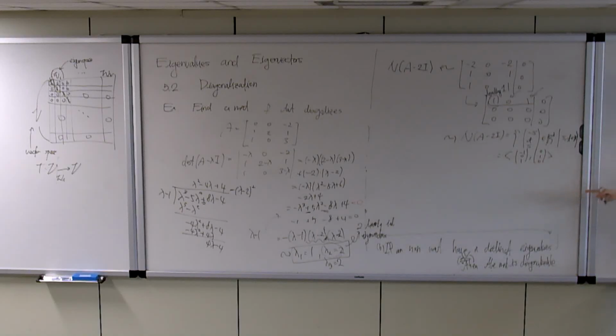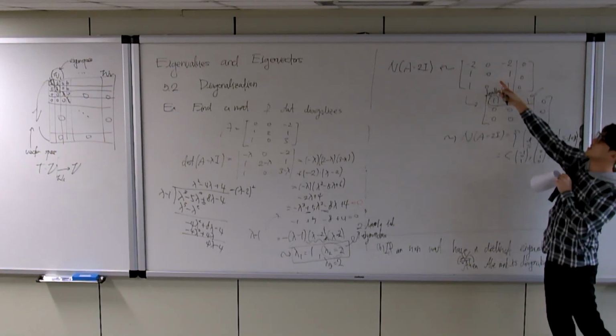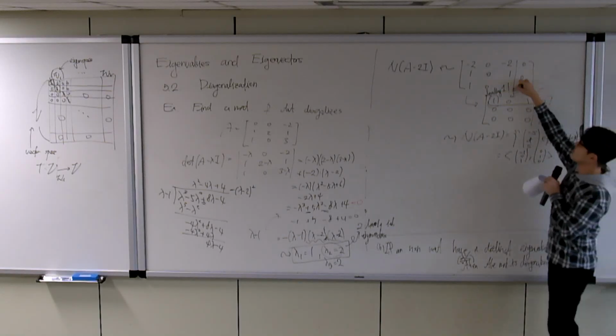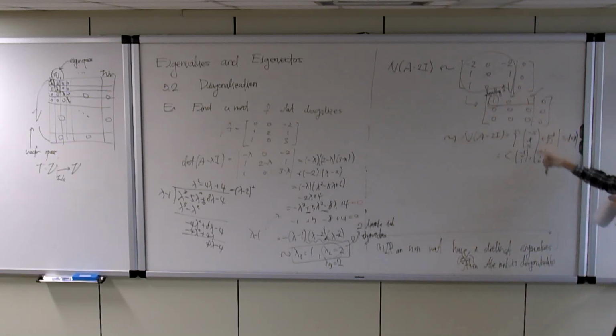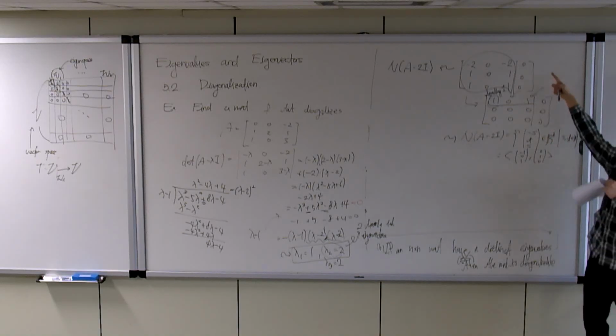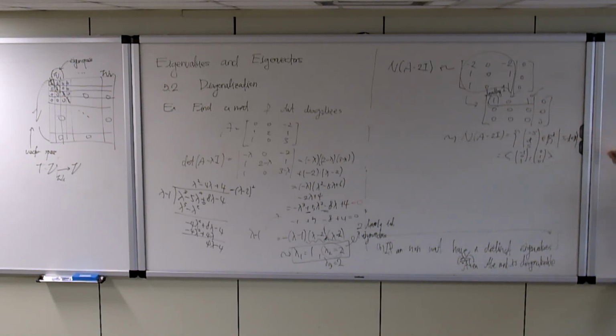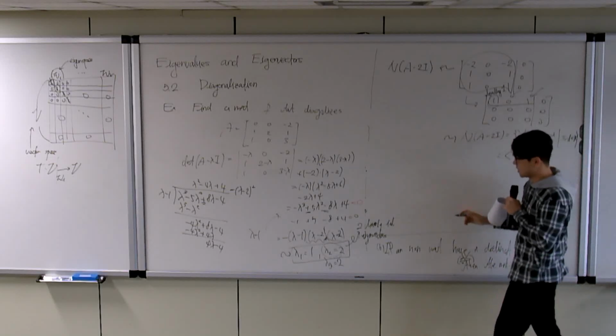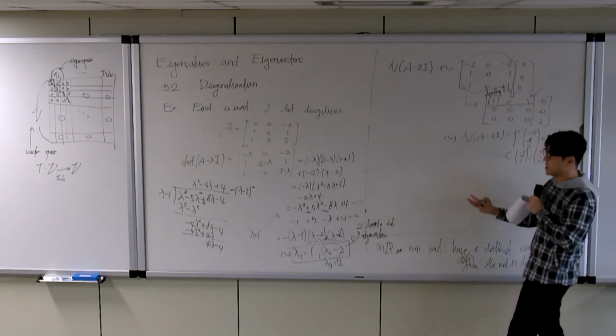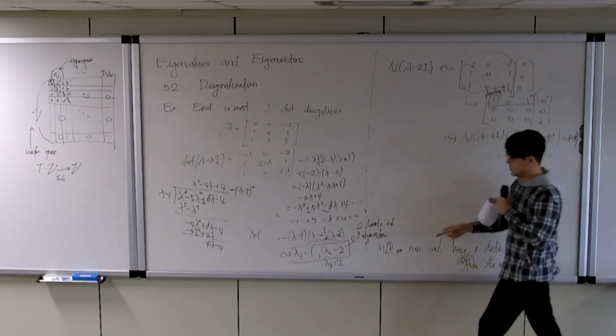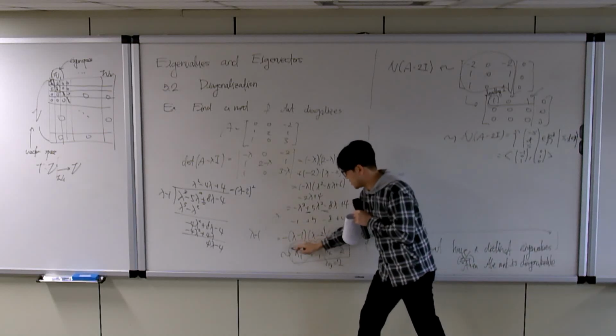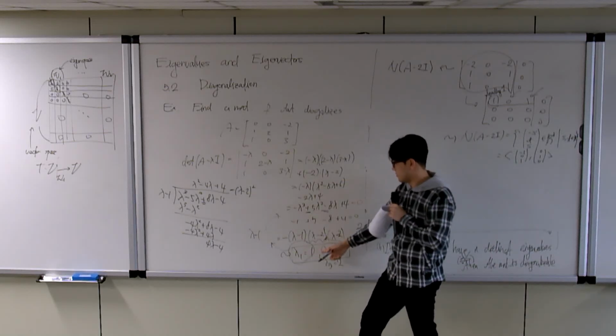If you input 1, then 1, minus 2, it is spanned by the vector minus 2, 1, 1. And let's define this vector as v1. Then we found the 3 linearly independent eigenvectors, v1, v2, v3.